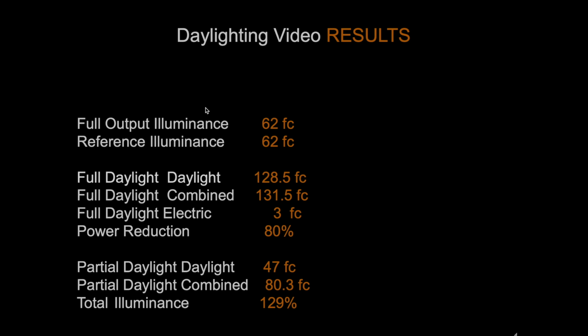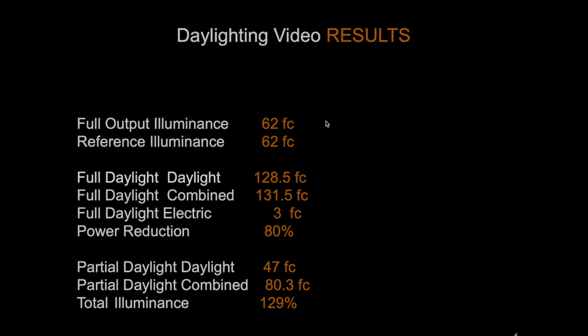The first test we did was the full output illuminance. We overrode the daylighting sensor and we came up with 62 foot candles at a reference location. Our reference location was determined by the distance method.